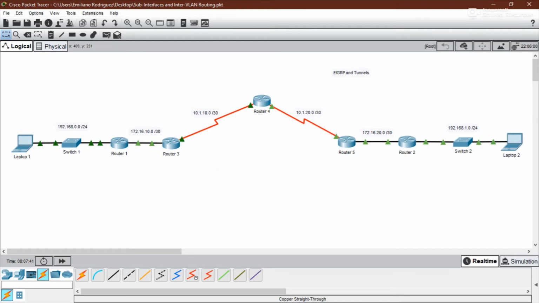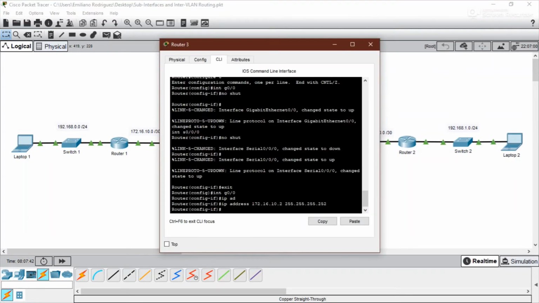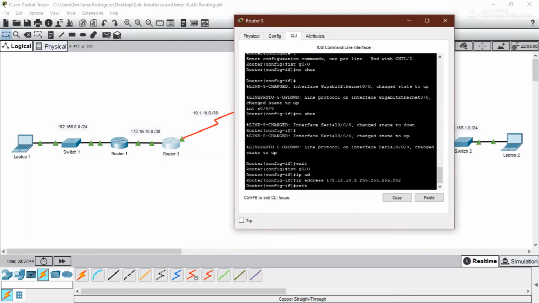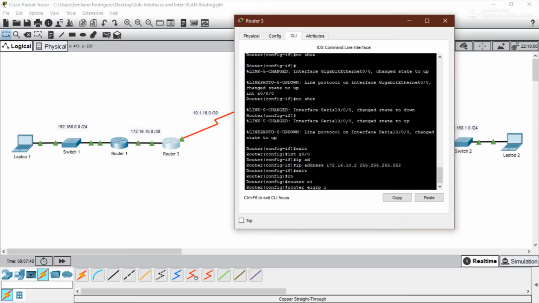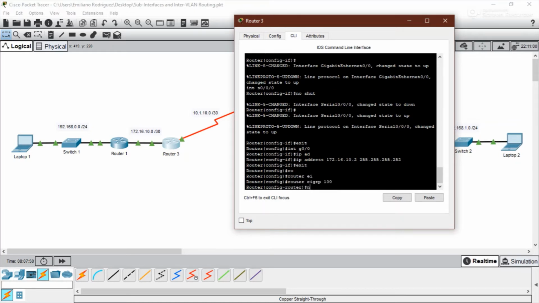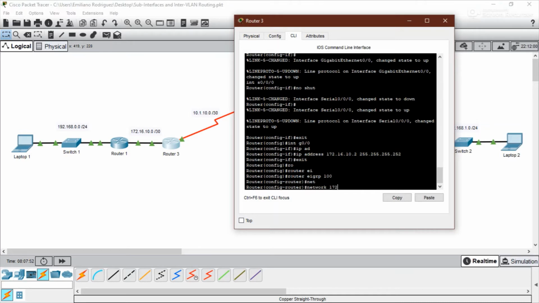We will now configure router 3 with EIGRP. Router EIGRP 100. Network 172.16.10.0 255.255.255.252.